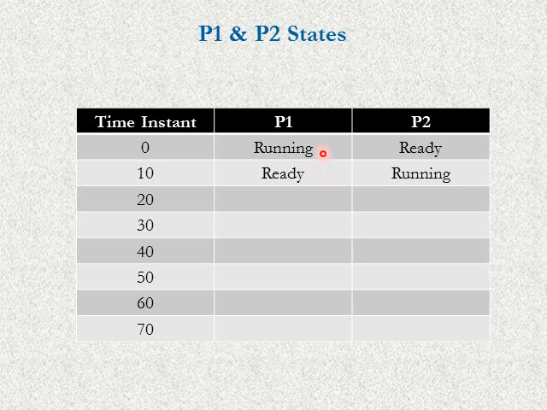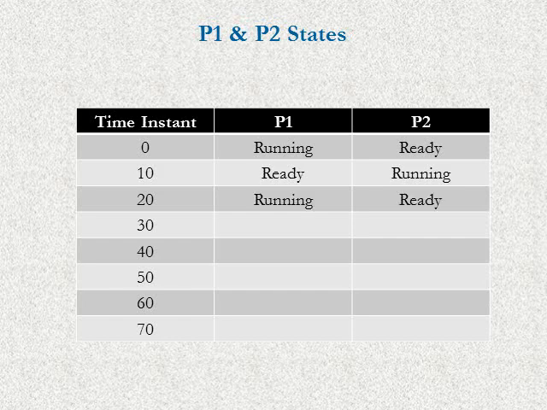This process was in the processor, it is taken out, and the other process is submitted to the processor. There are still some details that we will discuss in due course.